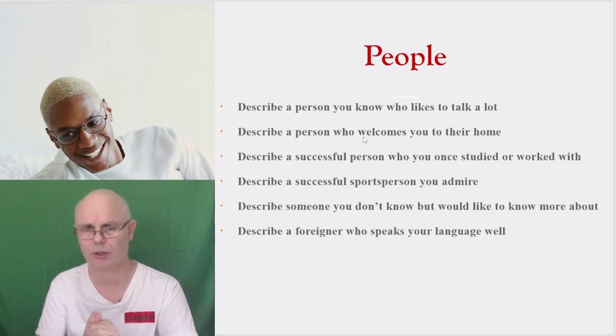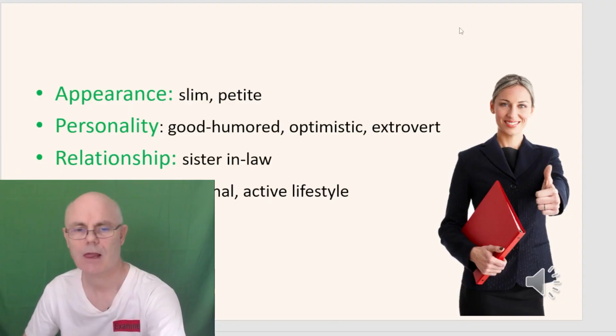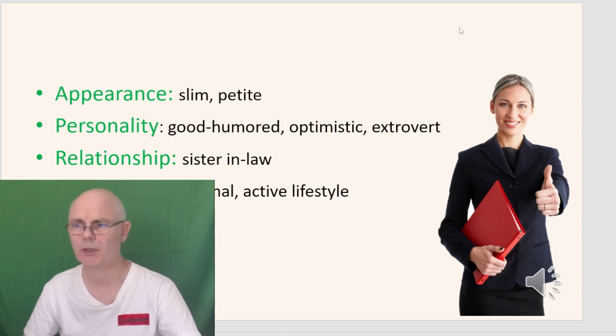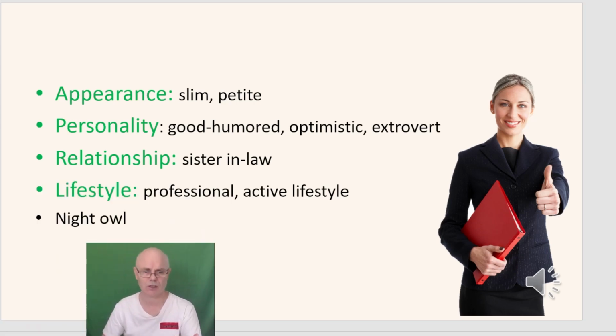Note the first word's always describe. So you can have lots of adjectives to describe this person. Just as a quick example, we can have some adjectives to describe a person's appearance, personality, and maybe your relationship to them, and even things such as their lifestyle.